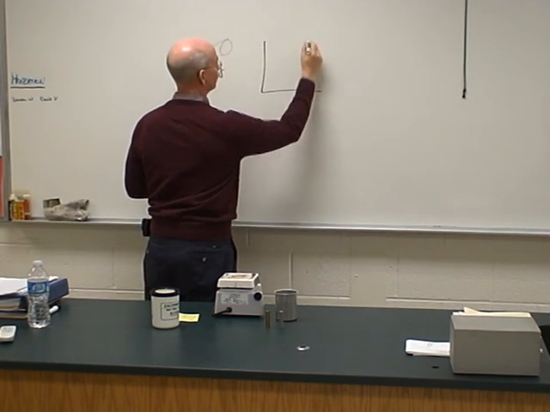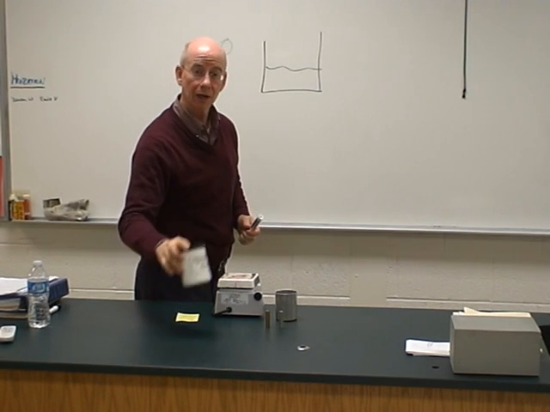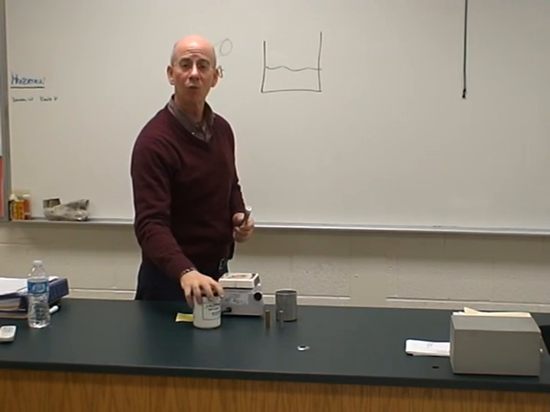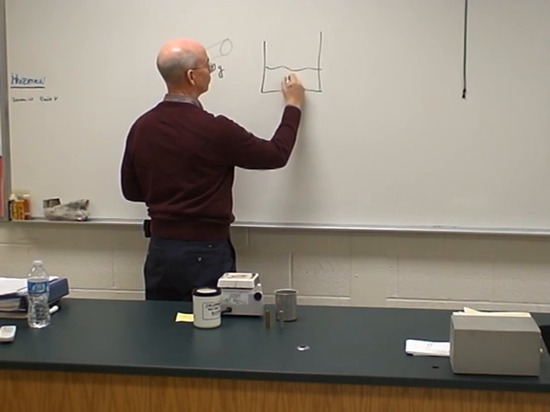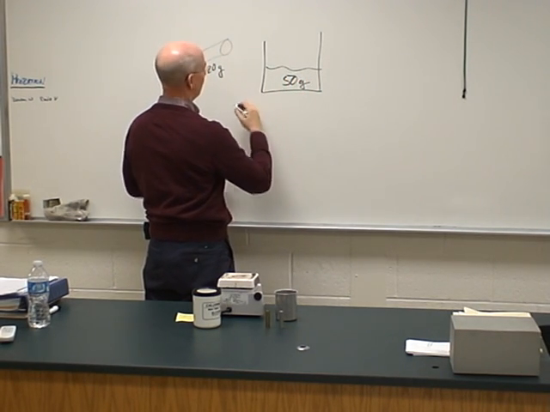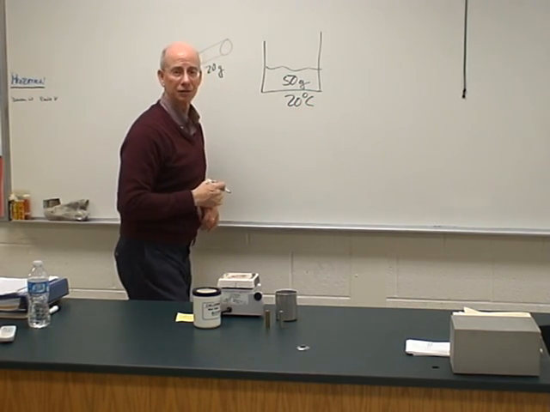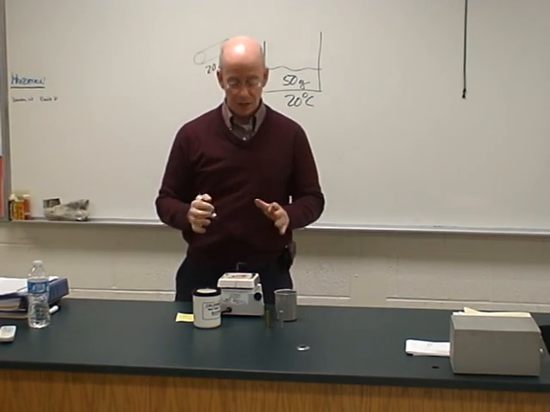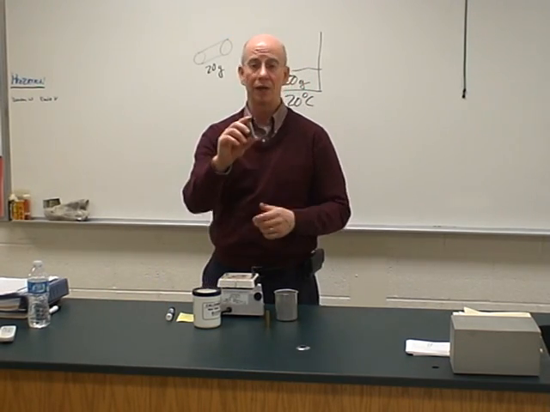And I'm going to have some water in what's called a calorimeter. Okay, this is a calorimeter, and I just add some water to this calorimeter. And let's say I have 50 grams of water, and we're going to call it room temperature, around 20 degrees Celsius.